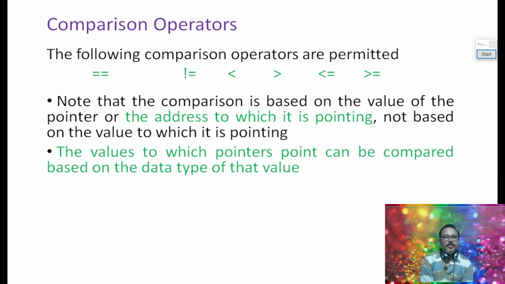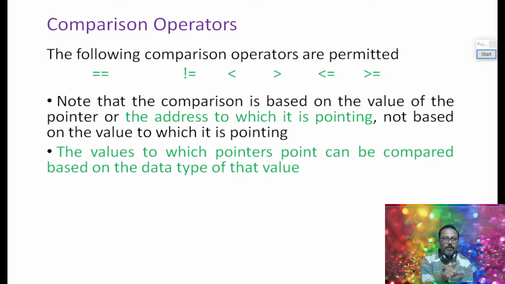Now the comparison operators. The following comparison operators are permitted on pointers: equal to, not equal to, less than, greater than, less than or equal to, greater than or equal to. These can be applied on pointer variables themselves. Note that the comparison is based on the value of the pointer, that is, the address to which it is pointing, not the value to which it is pointing.